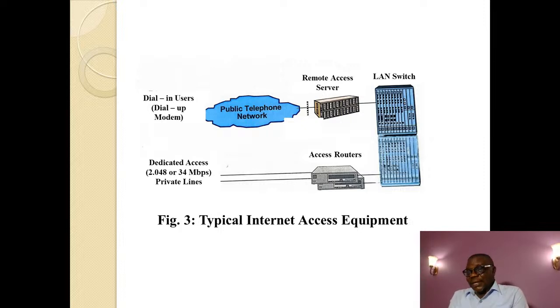For instance, banks can have dedicated access so that they don't have to depend on the cellular providers to access their branches. So they are called dedicated access. And they have their own separate routers that connect direct to the LAN switch.